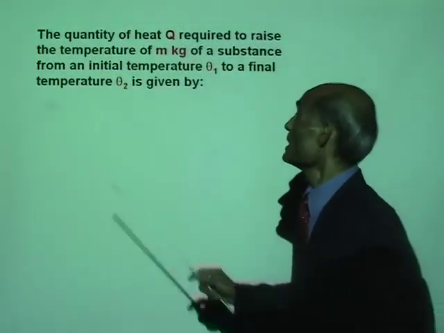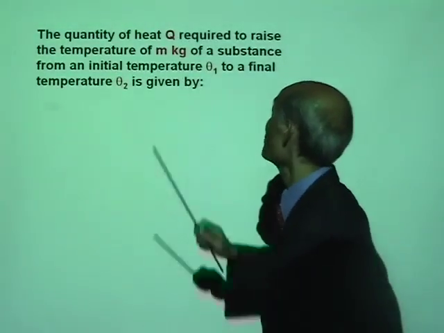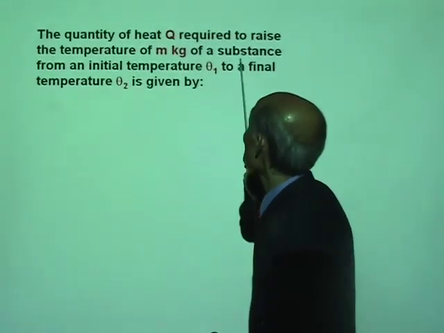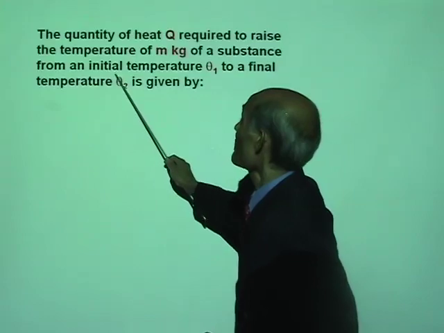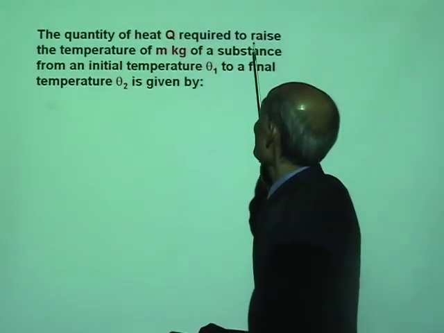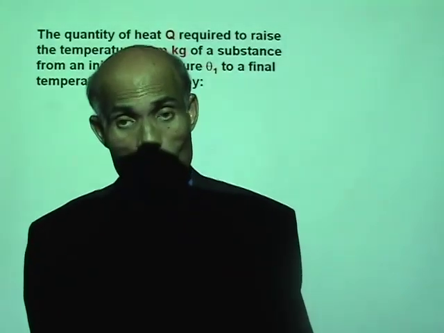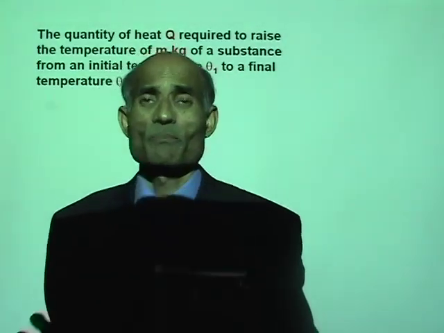Alright. The quantity of heat Q required to raise the temperature of m kilogram of a substance from an initial temperature theta 1 to a final temperature theta 2. Well, let me ask you this.